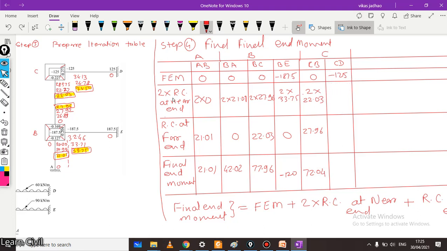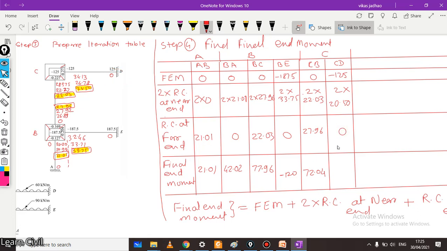For CD, this fixed end moment is minus 125. Then rotation contribution at near end, this value will be 2 multiplied by 26.50. Okay, and here rotation contribution at far end is 0. So consider this as 0 here.